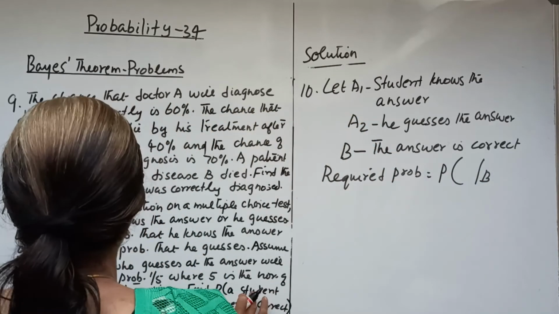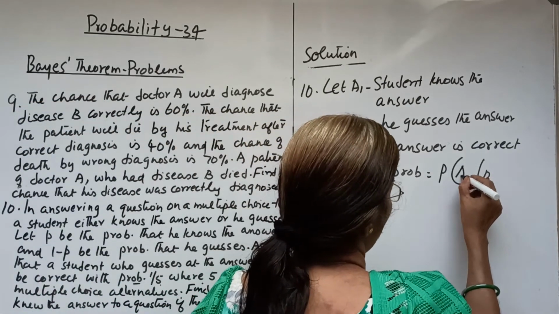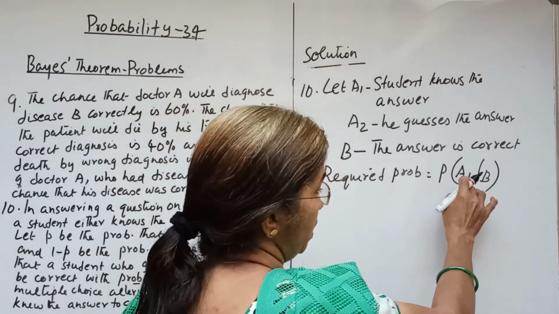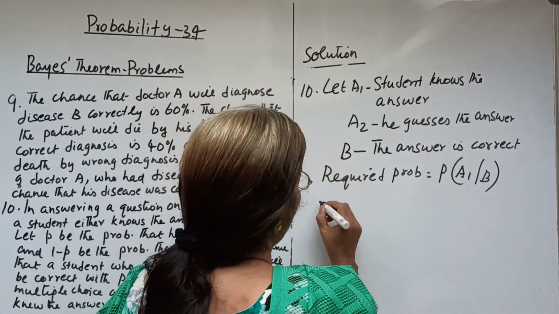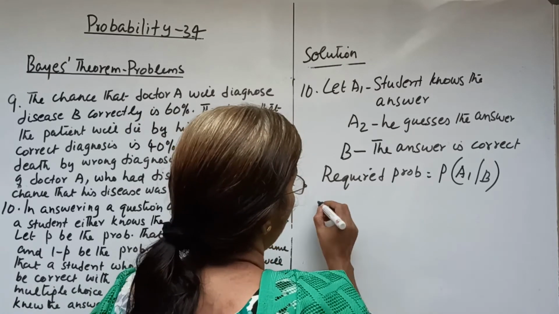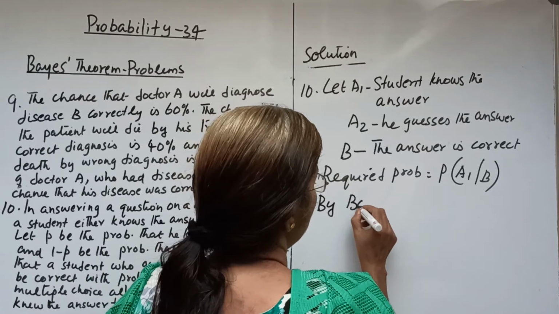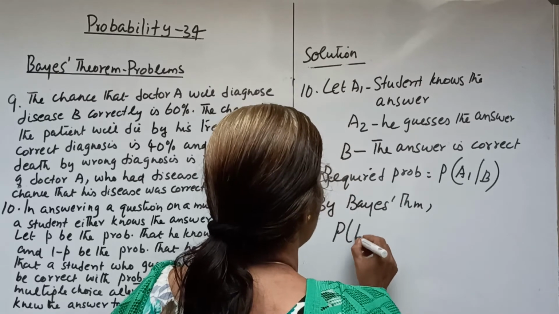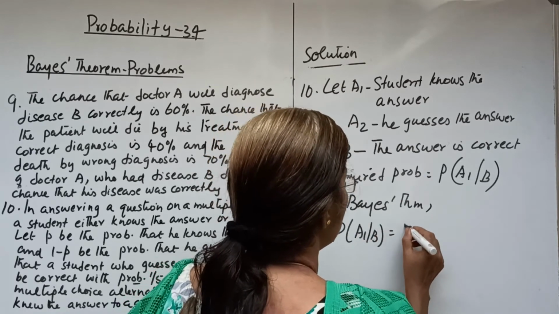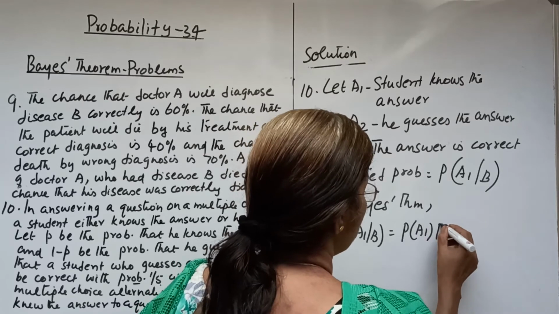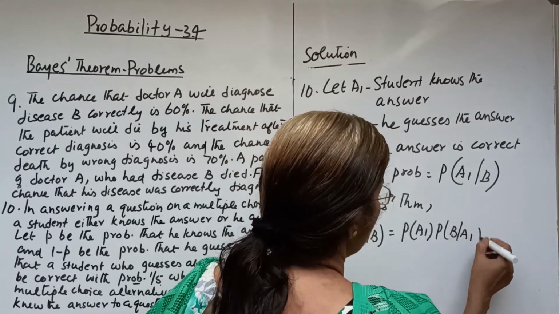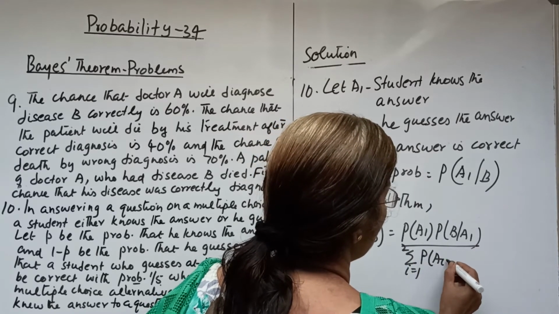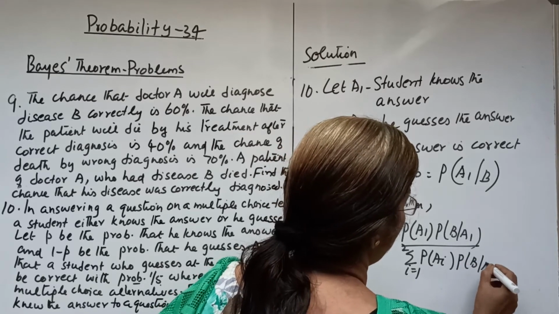By Bayes theorem, P of A1 given B equals P of A1 into P of B given A1, divided by the sum over i equal to 1 to 2 of P of Ai into P of B given Ai.